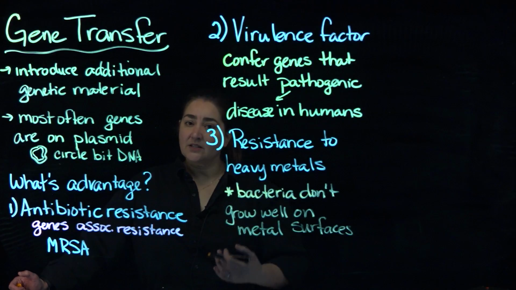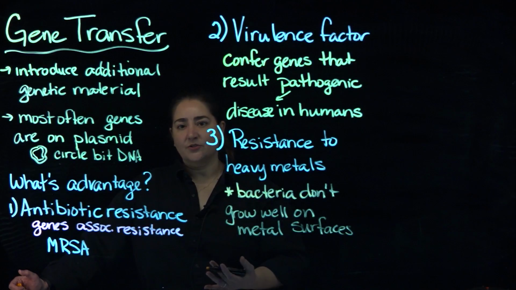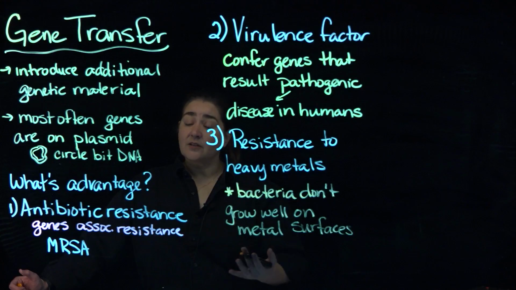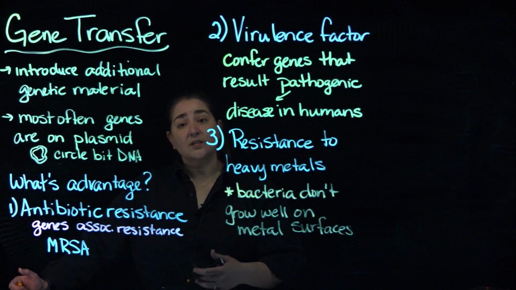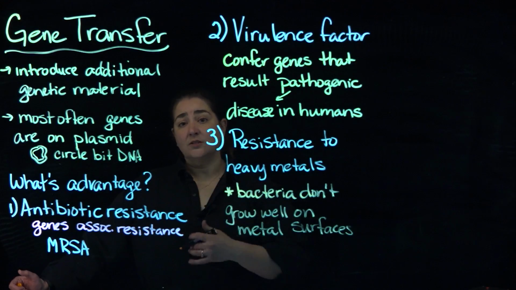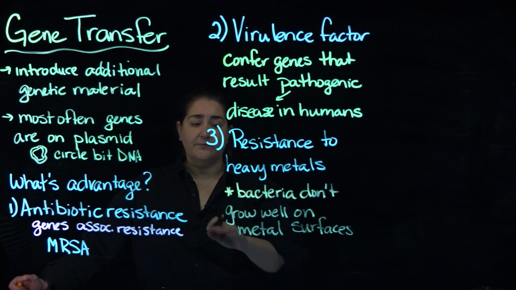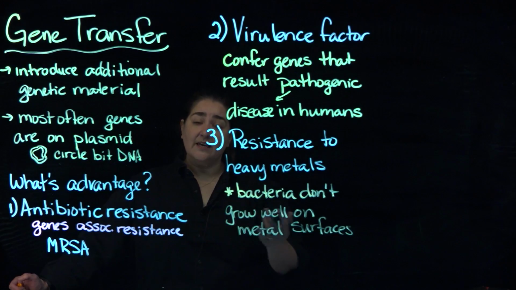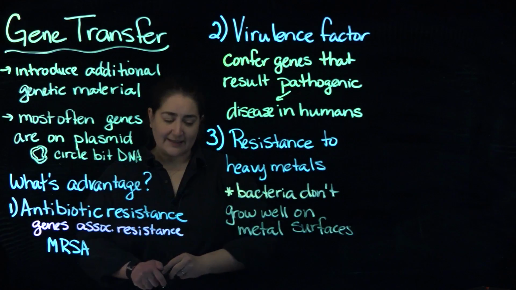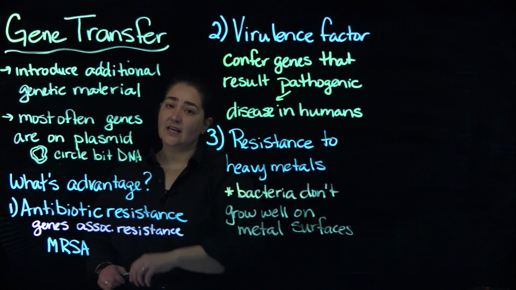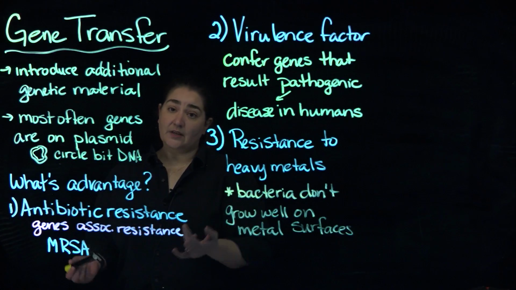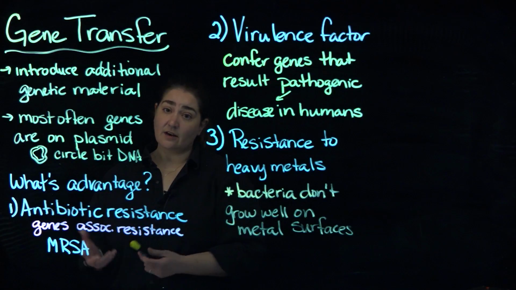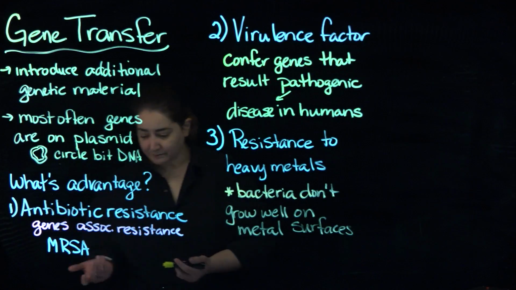That keeps bacterial loads low in surgical suites, which is advantageous if you're having surgery because you don't want to introduce pathogens into the body during surgery. But there are bacteria, again, through gene transfer that can inherit little bits of DNA on plasmids that allow them then to grow in the presence of a metal, okay?